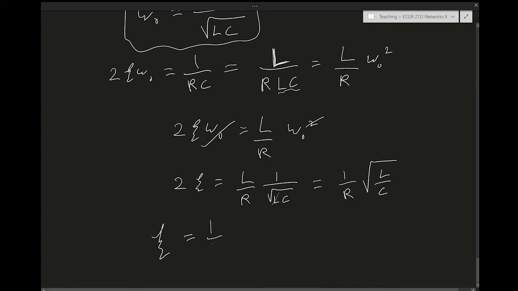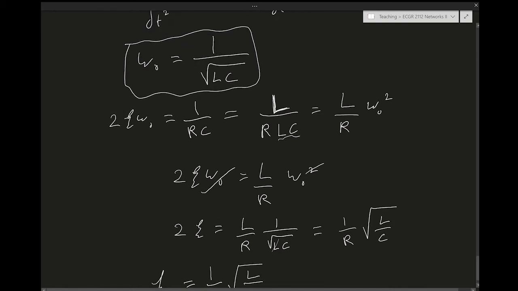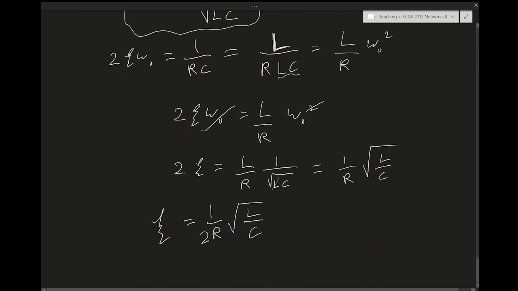To 1 over 2R square root L over C. Okay, there's a 2 there. Sorry, there's a 2 there. So this is the damping coefficient.